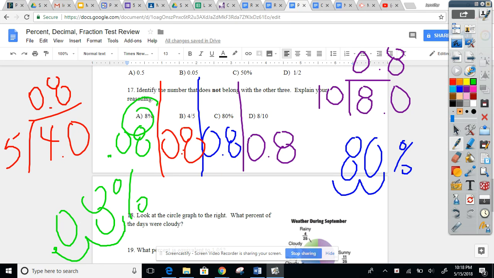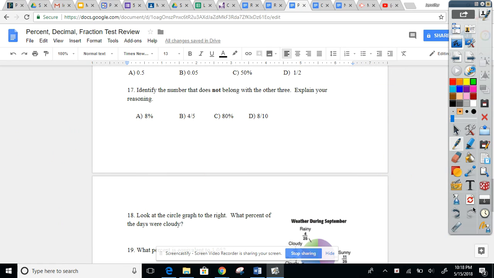That would be A. Okay, so if it ever gives you a problem that says which one's not like the others, which one does not belong, take them and convert them to the same format. You can pick converting them to all fractions. You could turn them all into percents. You could turn them all into decimals. The first thing I go to is decimals, but whatever works for you is what I want you to do, okay?